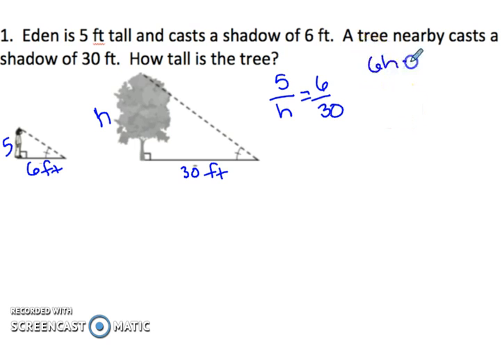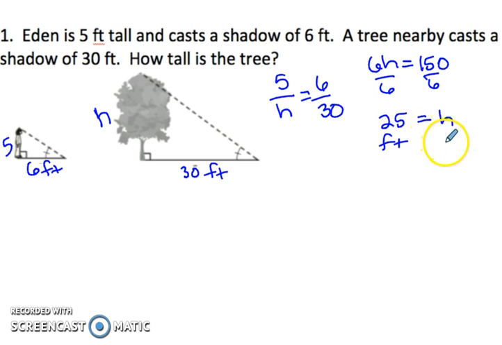So then I get that 6H is equal to 150. Divide by 6 on both sides. And 6 goes into 150 25 times. So I get 25 is equal to H. And my answer was in feet. So the tree is going to be 25 feet tall.